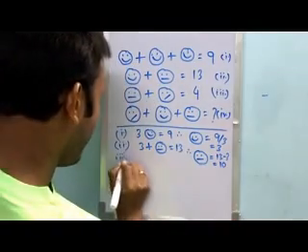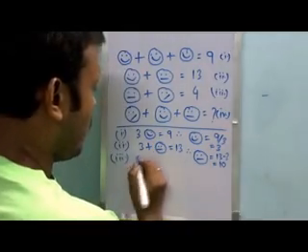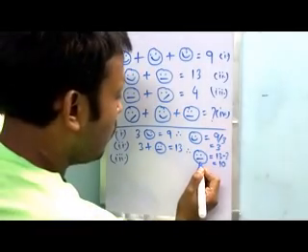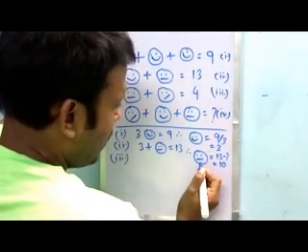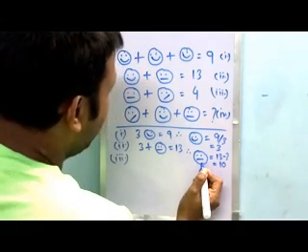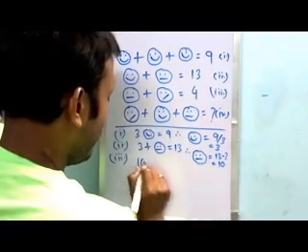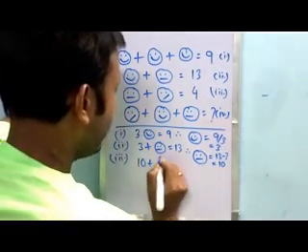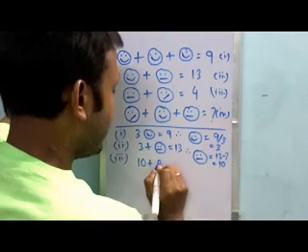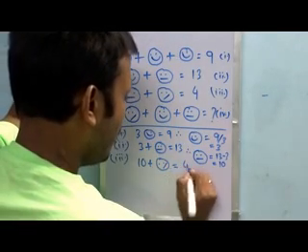In case of row 3, already the value of one normal face is derived. So that value is 10. So 10, that is one normal face, plus one dull face, 10 plus one dull face equals 4.